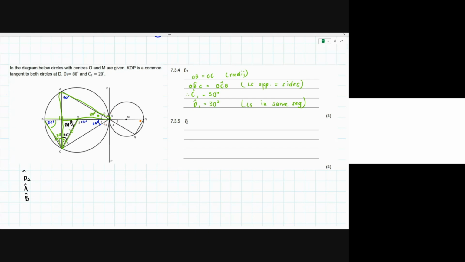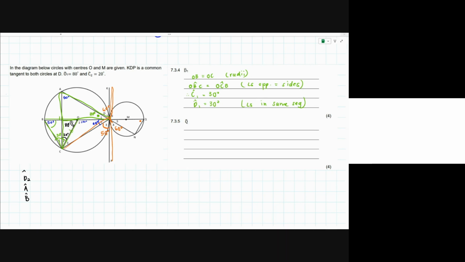Okay, well, we know that D3, because of tan chord theorem, here's your tangent, is equal to 50, which means that D7 is equal to 60 because of angles on a straight line, and that therefore means that D4 is also equal to 60 because they're vertically opposite.